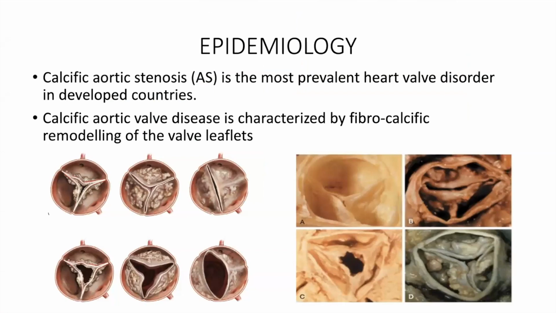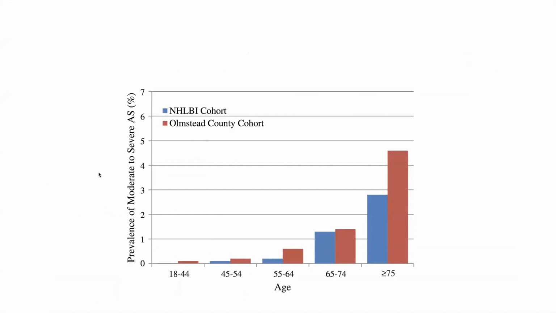Aortic stenosis is actually one of the most common heart conditions, and calcific aortic disease is what we find in developed countries. In third world countries, it's more so rheumatic heart disease. This was a cohort of studies from the National Heart and Lung Institute in the United States, and also the Olmsted County cohort. These were patients randomly selected across the cohorts, and they looked at the age cohorts in these two different studies.